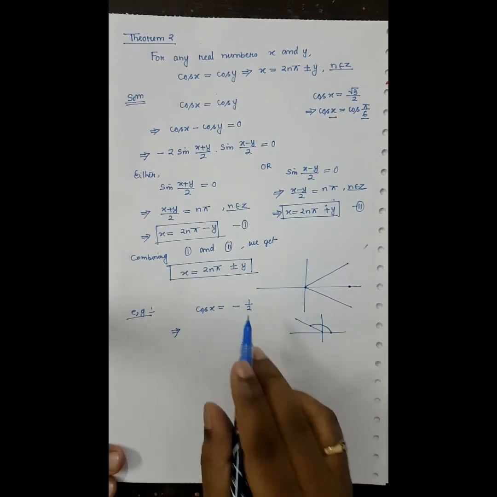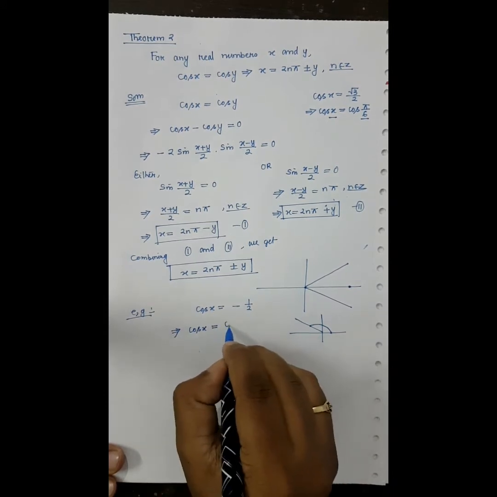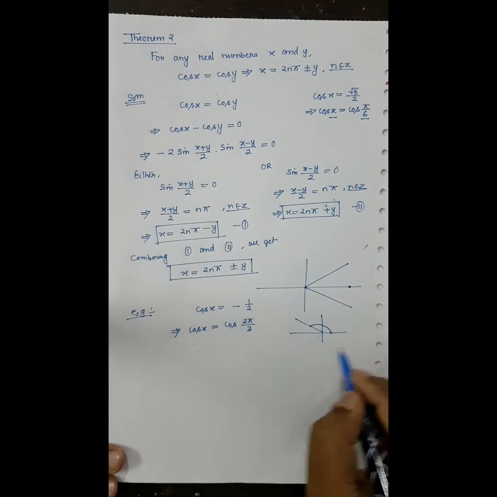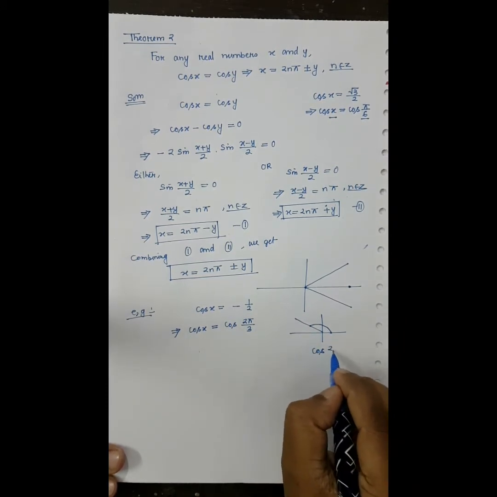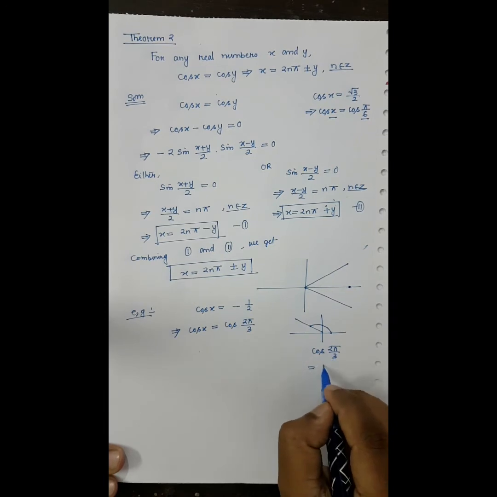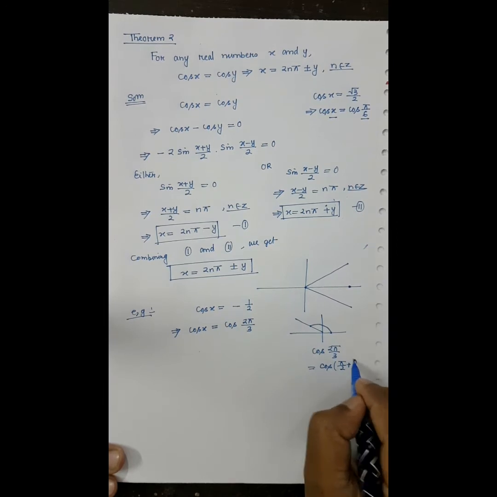This is minus half. So cos x is equal to cos twice pi by 3. If I take cos twice pi by 3, it means what? Cos of 120. So it is cos of 90 (pi by 2) plus 60.